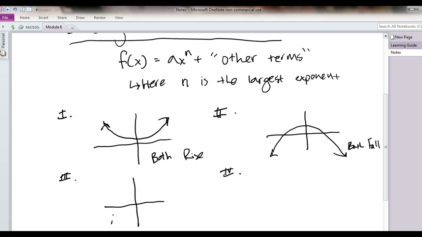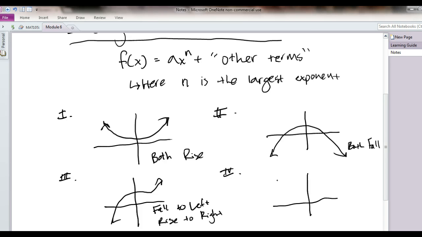So here we might have some behavior where we fall to the left and rise to the right. And we also have the kind of symmetric version where we rise to the left and fall to the right.